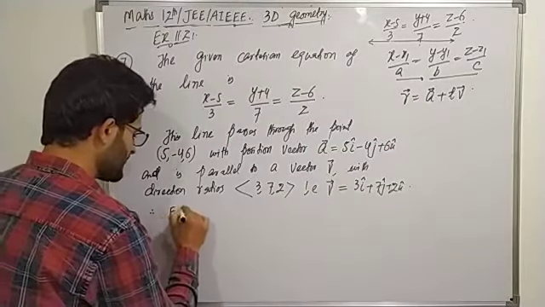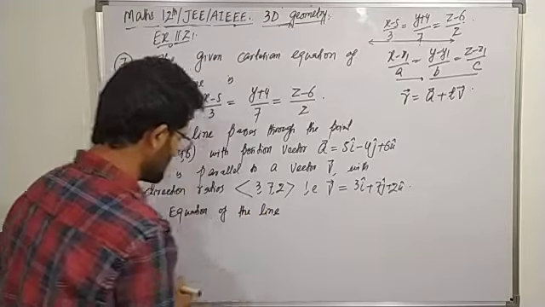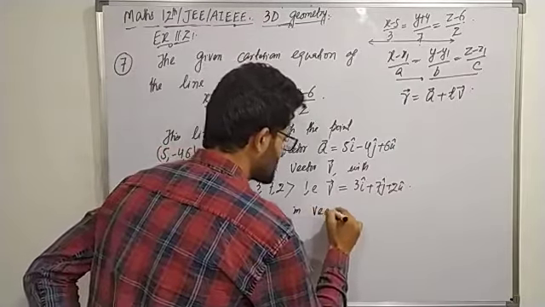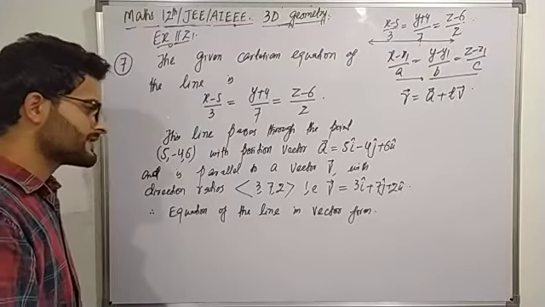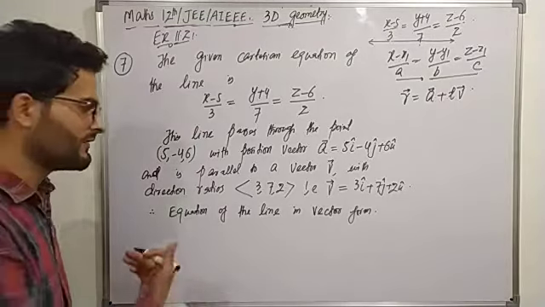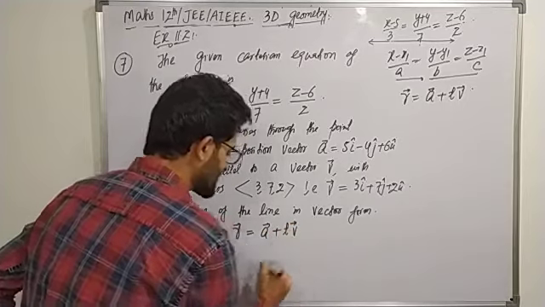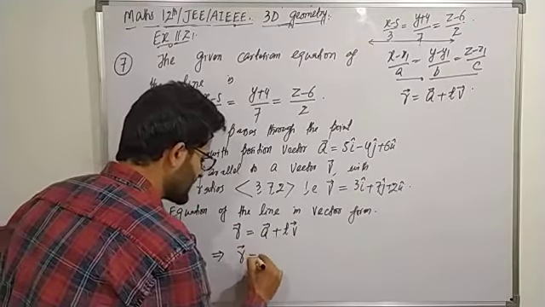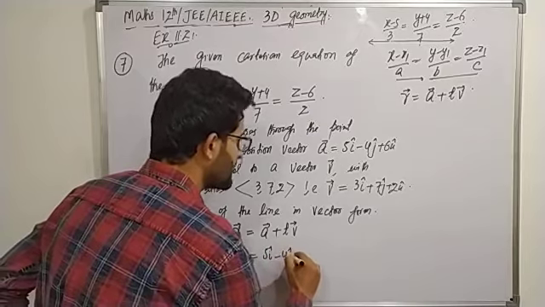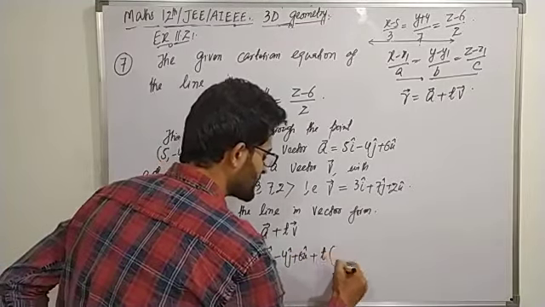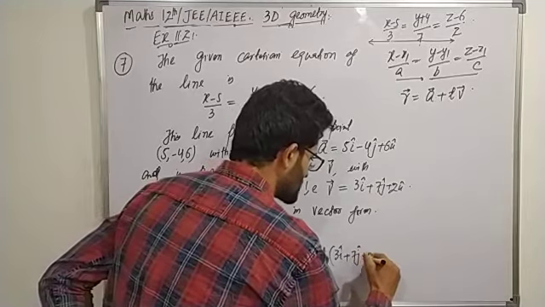Therefore, the equation of the given line in vector form is, so what will be the equation of this line in vector form? Well done. r vector must be equal to a vector plus t times v vector, which further implies that r vector is equal to, put the value of a vector, that's 5i minus 4j plus 6k plus t times, put the value of v vector, that's 3i plus 7j plus 2k.